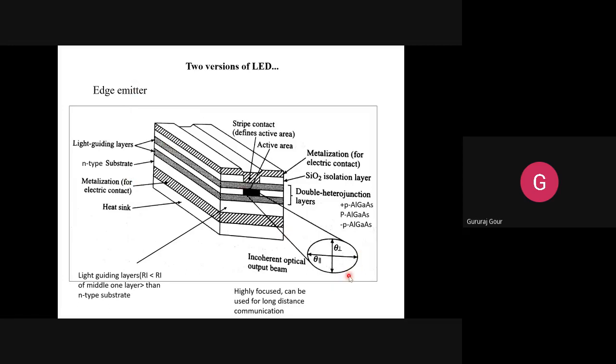Here you can see a little bit of an optical or elliptical shaped light beam we are getting. So the pattern we are getting for the light will depend on how the recombination is happening here in the middle layer. That is a P layer. Maybe it is an edge or surface emitter.